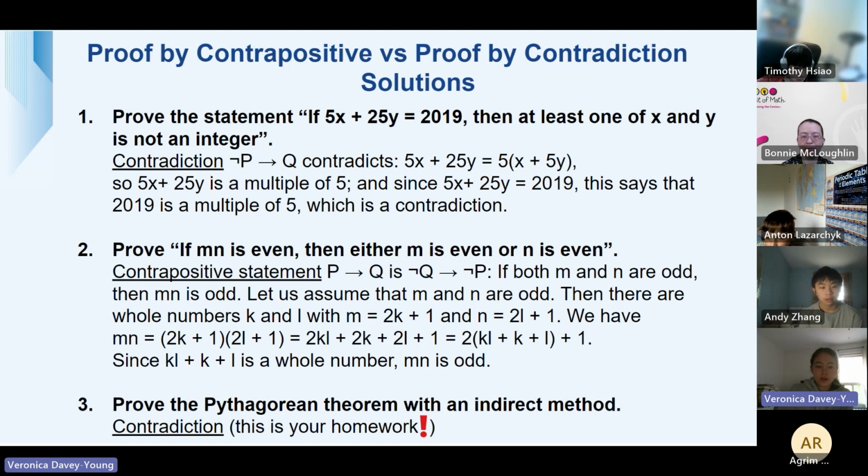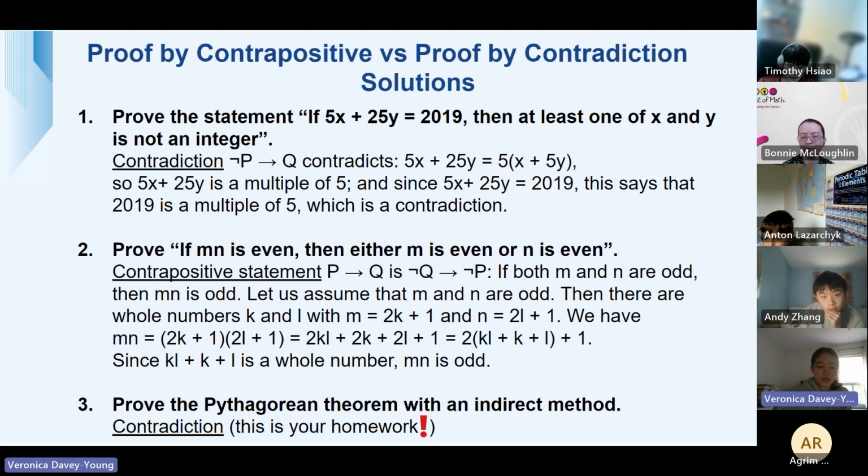Then there are whole numbers k and l, with m equals 2k plus 1 and n equals 2l plus 1. We have mn equals (2k plus 1) times (2l plus 1), our two odd numbers. We can expand that into 4kl plus 2k plus 2l plus 1, which equals 2 times (2kl plus k plus l), because we factor out the 2, plus 1.